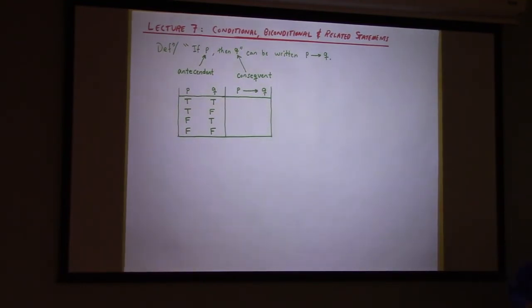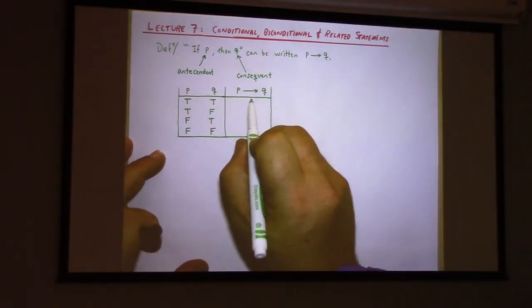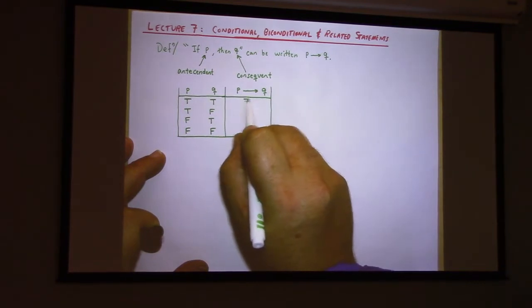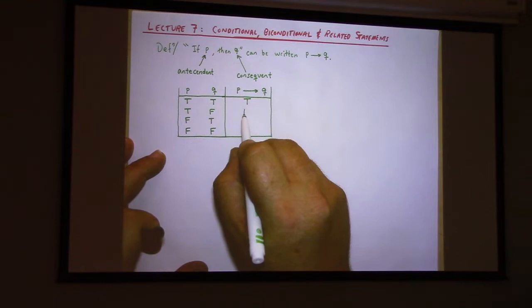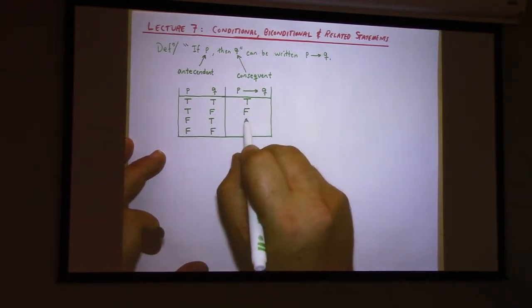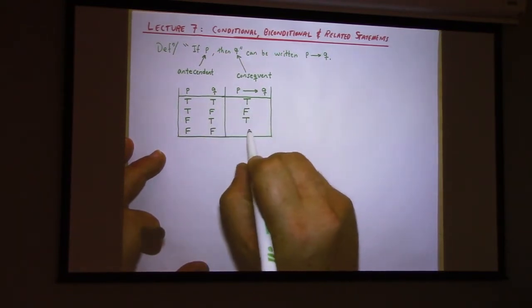Can you help me fill out this truth table here? What goes over here? True implies true is true. True implies false is false. False implies true is true. And false implies false is true.